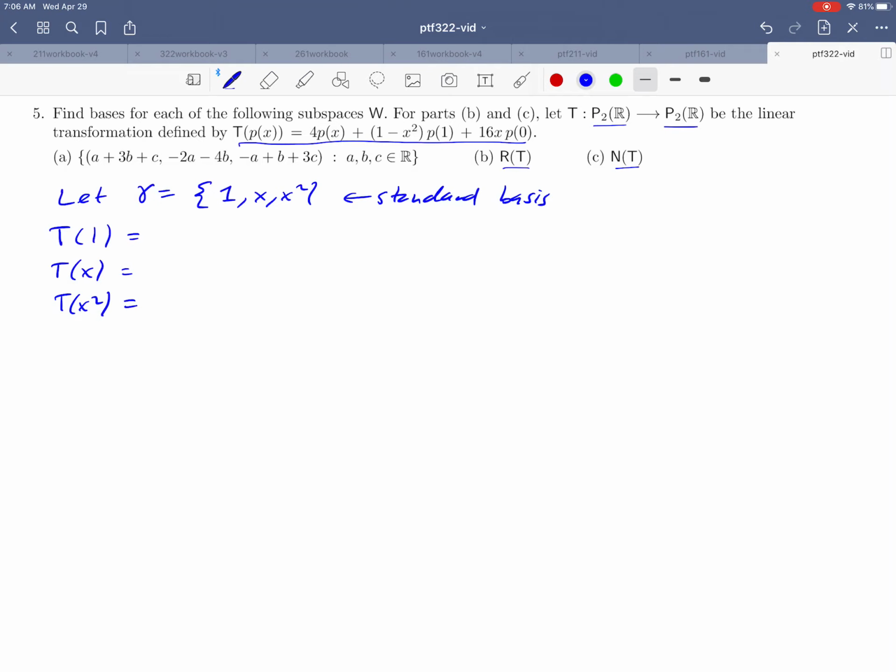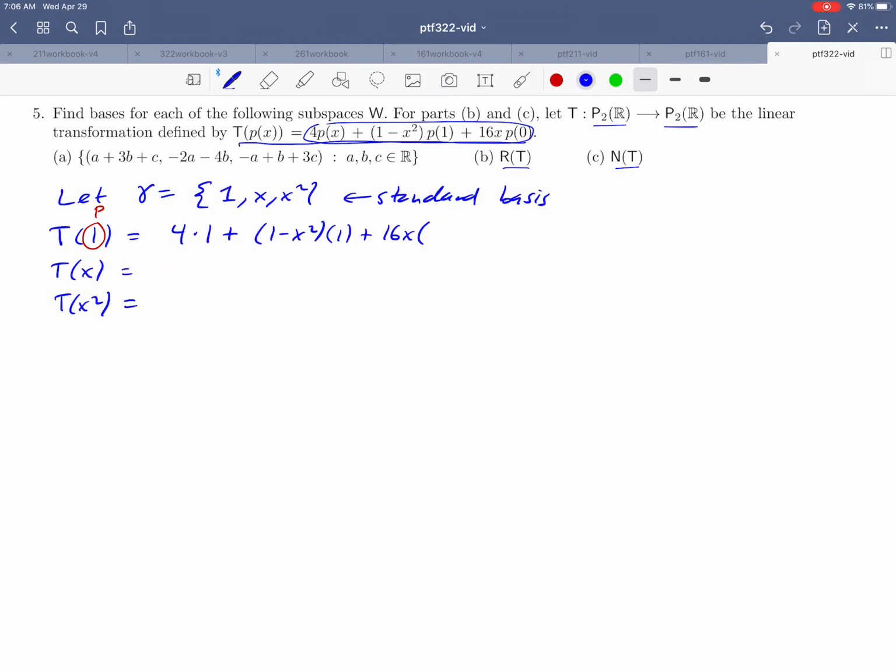Starting with T of 1, we substitute that into our formula. We're going to get 4 times p of x, which is 1, plus 1 minus x squared times p of 1. And p of 1 just means that we're thinking of what we plugged in as being p. If you plug 1 into the constant polynomial 1, you're just going to get 1 out. Plus 16x times p of 0.